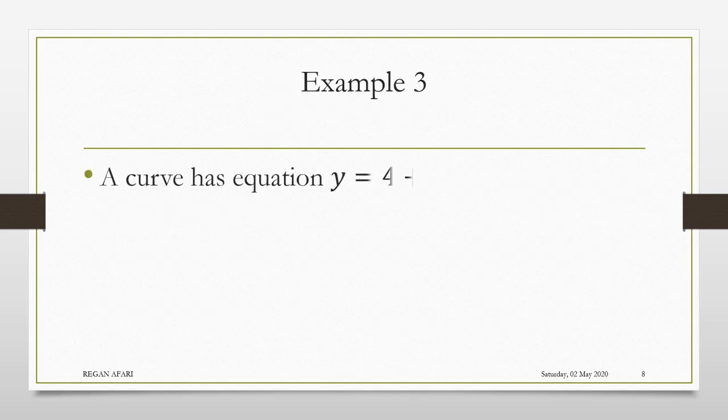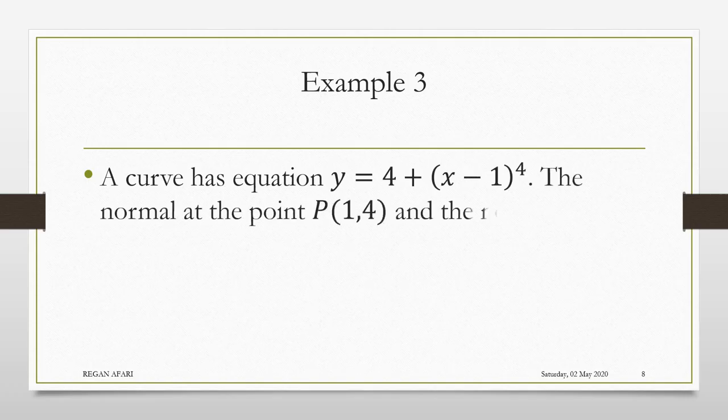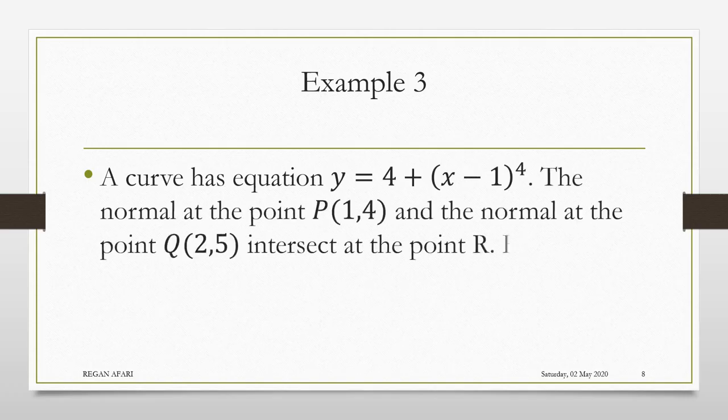Example 3. Right, so the curve has this equation, then there's a normal at the point P, (1, 4), and there's another normal at the point Q, (2, 5). Now these two normals are intersecting at the point R. Our job is to find the coordinates of R, right?